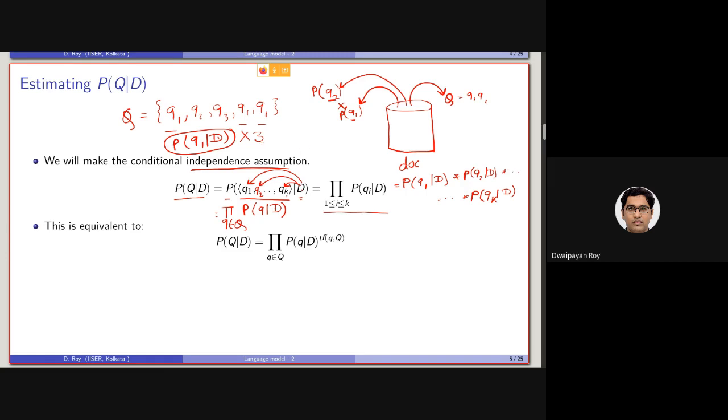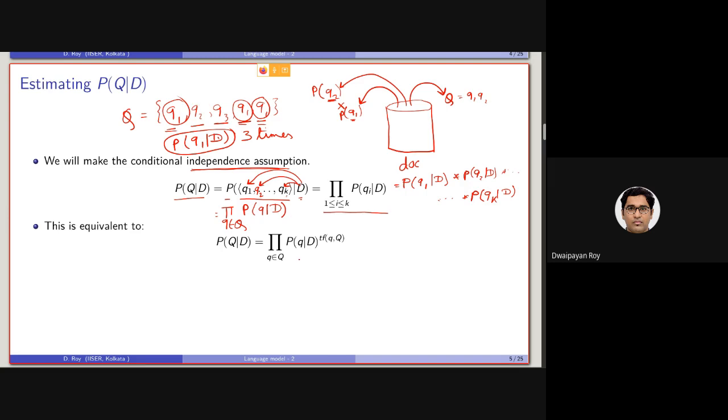It's not actually multiplied by 3, it is considered 3 times. Probability of Q1 given D, probability of Q2 given D, probability of Q3 given D, again probability of Q1 given D, probability of Q1 given D. So the probability of Q1 given D appears 3 times.